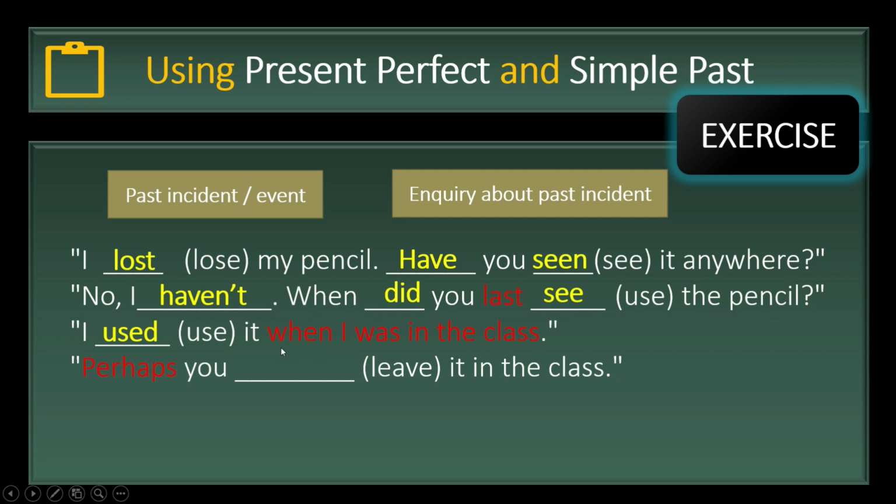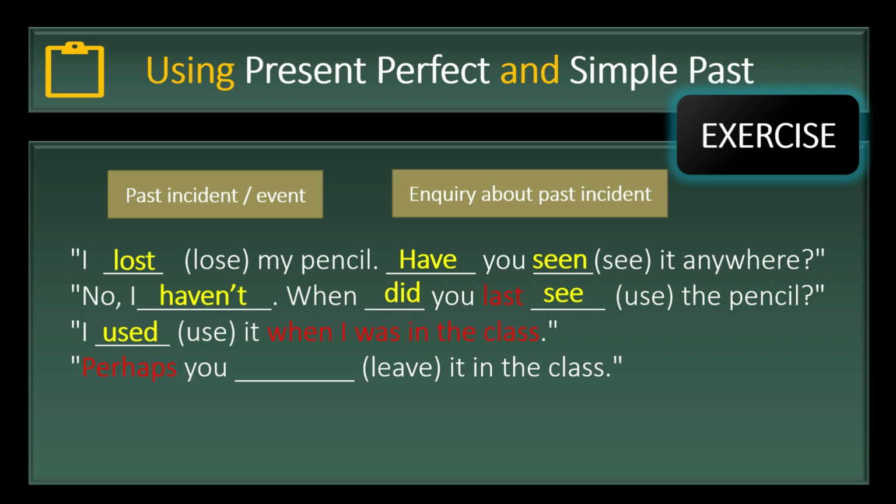There is again this key clause here. When I was in the class is the clause that helps us with time. So when I was in the class is a clear indication of past tense. So we used used. Next. Perhaps you dash it in the class. Can you guess? Okay, let me tell you one thing here. This perhaps and maybe can be used in any tense, especially simple past and present perfect, almost any tense.